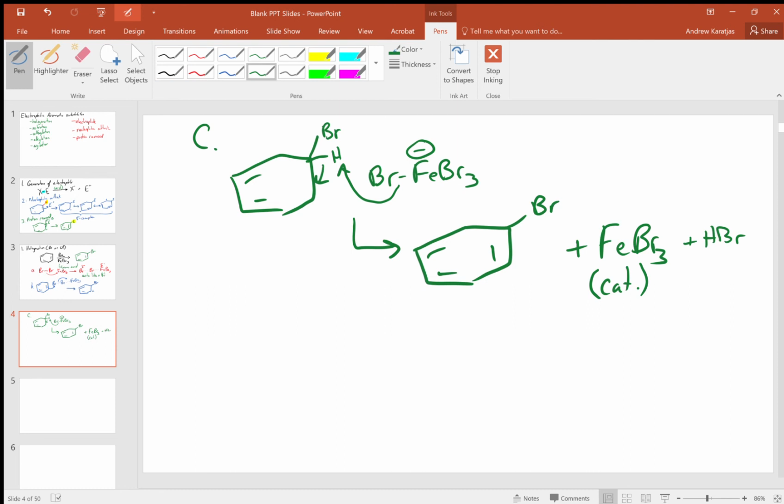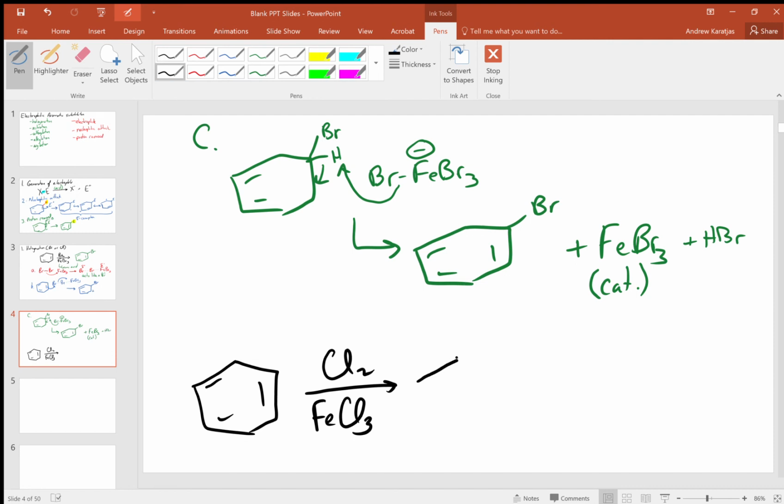Now, how does chlorine work? Well, if you want the mechanism, we'll look at the reaction. But it's essentially the same, except instead of bromine, we use chlorine. Instead of iron bromide, we use iron chloride.